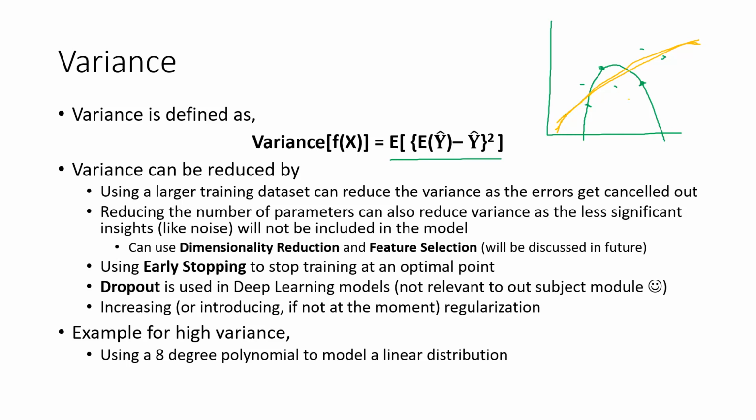When you reduce the number of parameters, it would only extract the more significant information in the data set. In most cases, these more significant patterns are the patterns that we want to model with our machine learning model. That is how we can achieve it, by reducing the number of parameters.